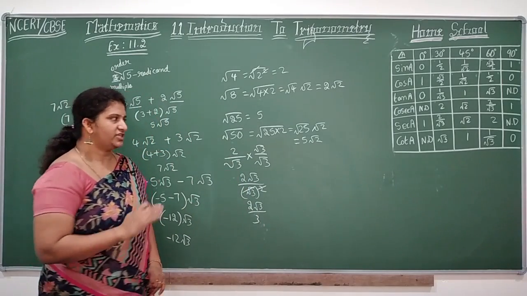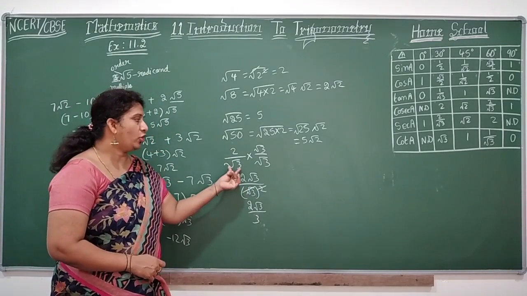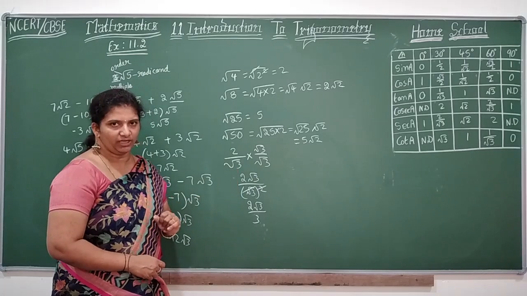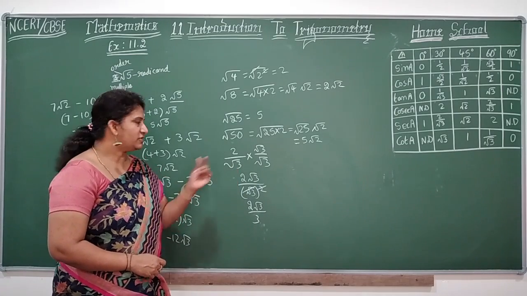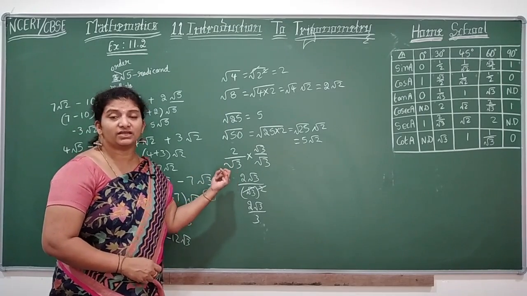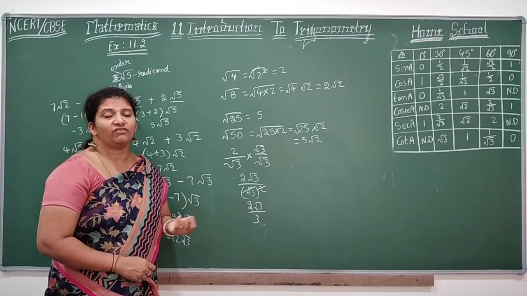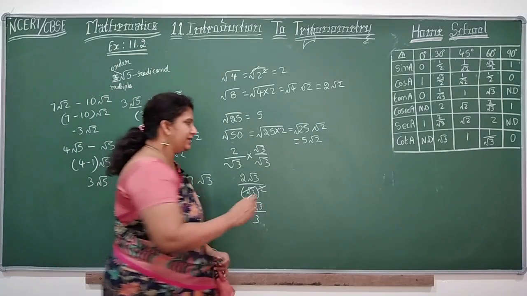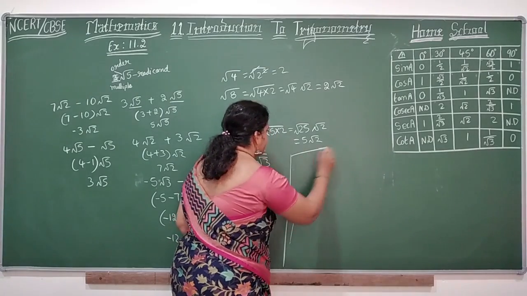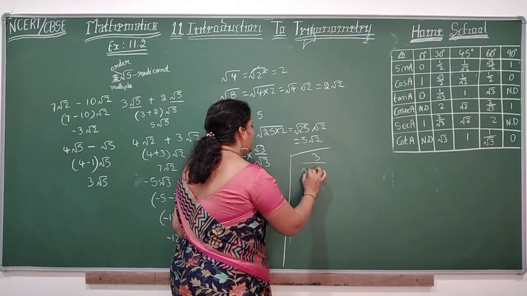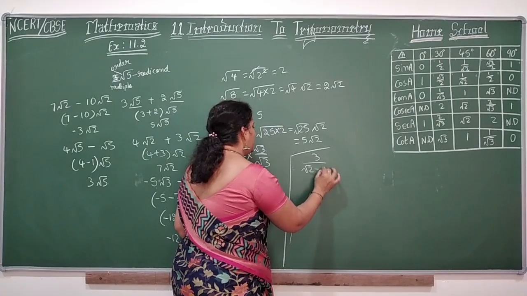Similarly, shall we do one more? This is a monomial surd in the denominator. Mono means single. Suppose you have a binomial surd in the denominator, how can we simplify that? Let's see here. Suppose 3 by root 2 minus root 3.